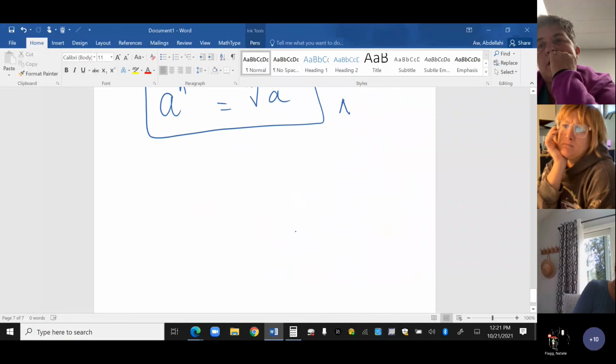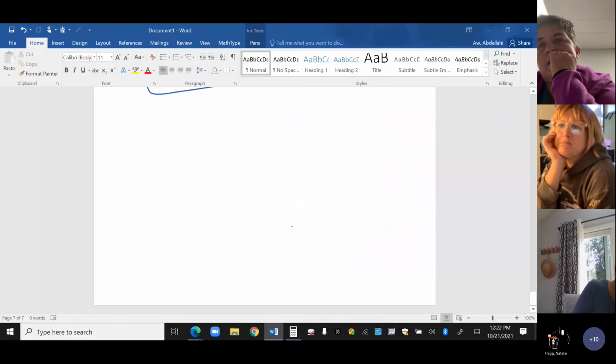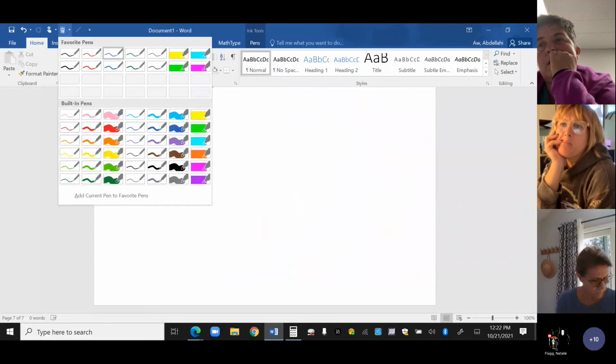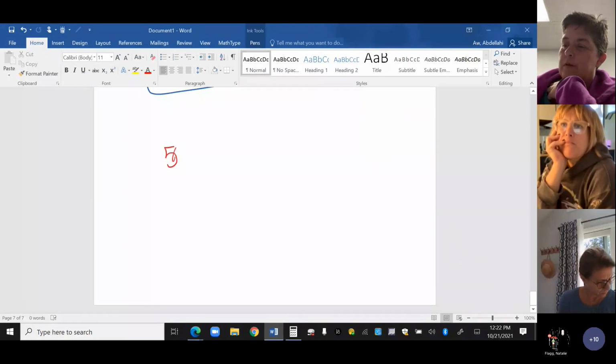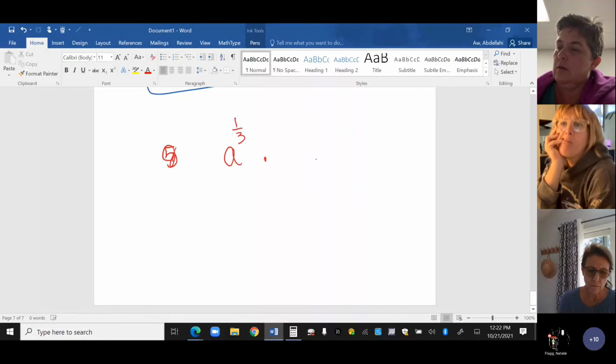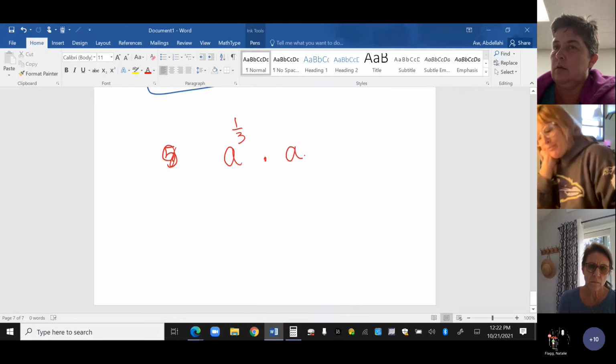So that is the rational exponent. Now, does it change the rules? The exponents are new, but the way we deal with exponents, whether they are rational or not, is the same. For instance, we say a to the 1/3 power times a to the 3 power.